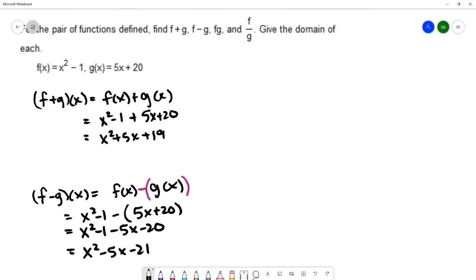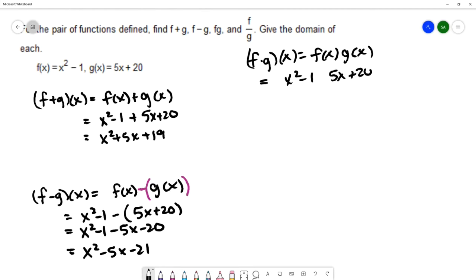So then we're going to multiply, that's f times g, by doing f of x times g of x. F of x is x squared minus 1, and g of x is 5x plus 20, and we want to multiply them. So once again, we have to be careful here because we want to multiply all of f by all of g, so we're going to put parentheses so that we multiply all of it and also that it represents multiplication.